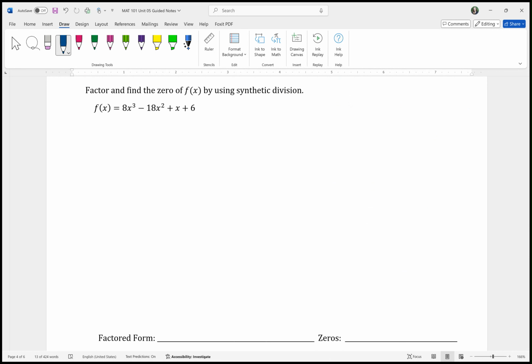So let's think through what we did first on our previous problem. The first step is we need numbers to put in the box. We need c's. So we are going to use the very last number, that's 6 in this case, and we are creating the list of possible integer zeros.